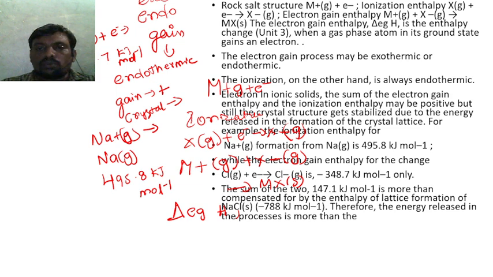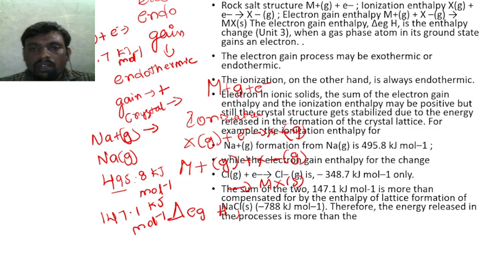The sum of the two energy changes, 495.8 for sodium and minus 348.7 for chlorine, is 147.1 kilojoules per mole, which is more than compensated by the lattice enthalpy.